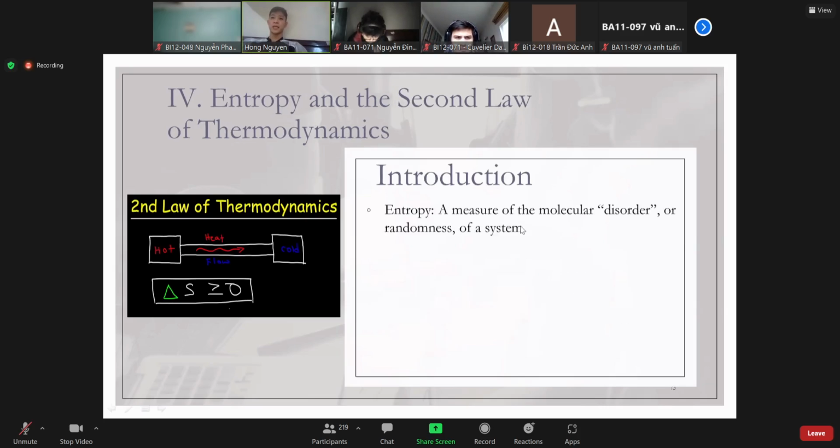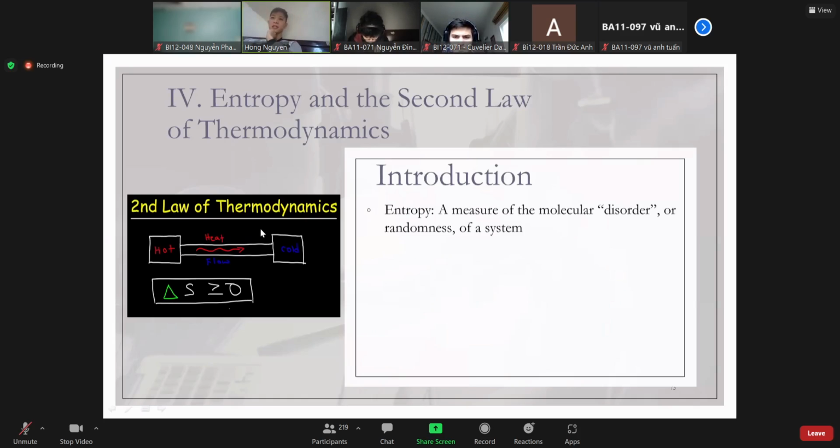So entropy, what is it? If you look at the internet, you type it in Google. Twenty years ago, our generation didn't have much of the internet. We had to refer to the book. But even in the Vietnamese book, we say that entropy is a matter of the disorder or randomness of a system.